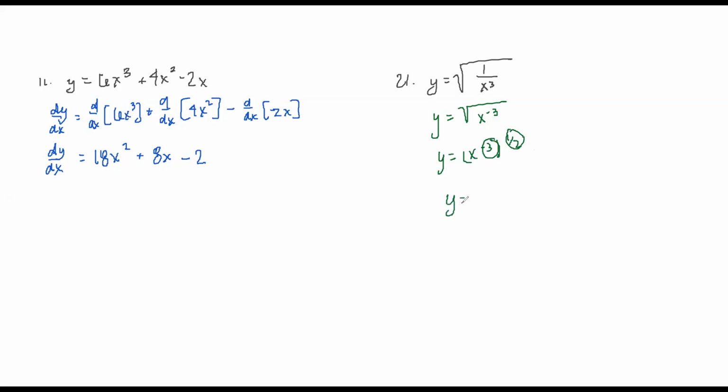So this is actually going to be equal to x to the minus 3 halves, which is going to turn out to be y prime is equal to minus 3 over 2 x to the minus 5 over 2. So we're just combining here the square root and the 1 over x is equal to x minus 1. Oops.